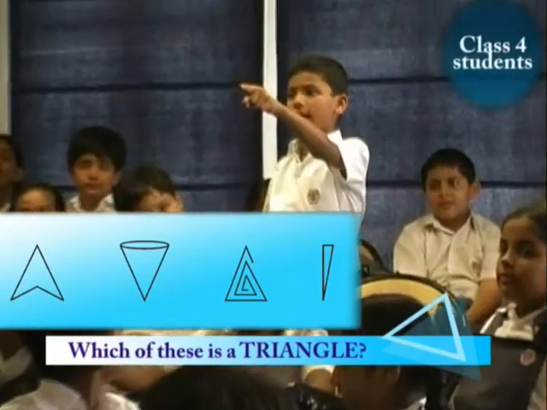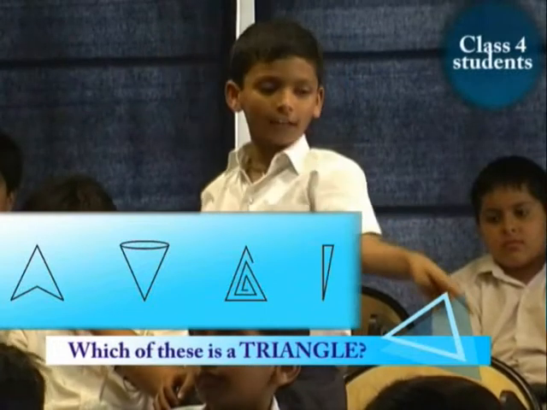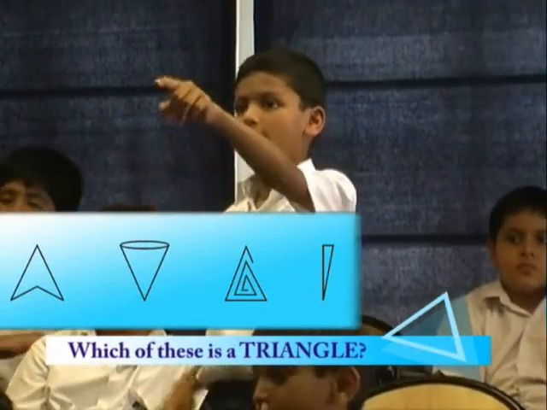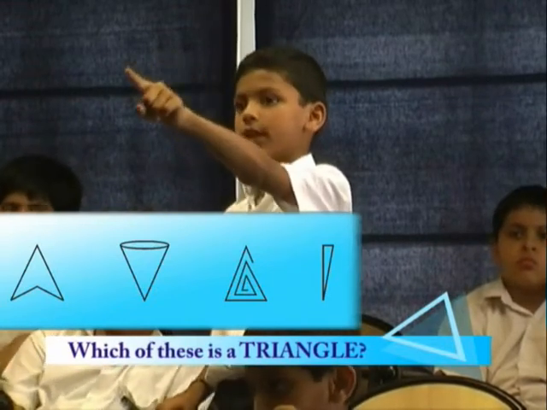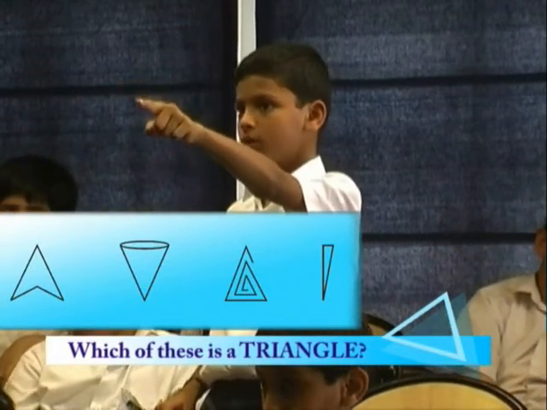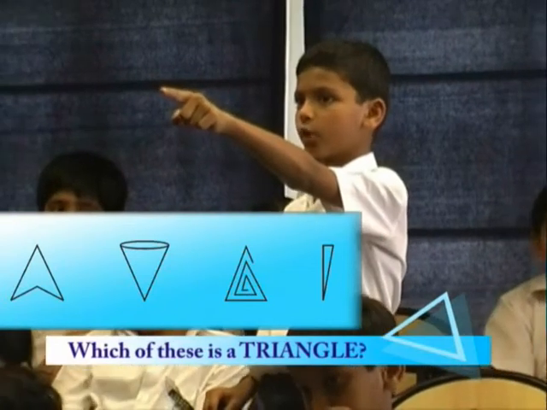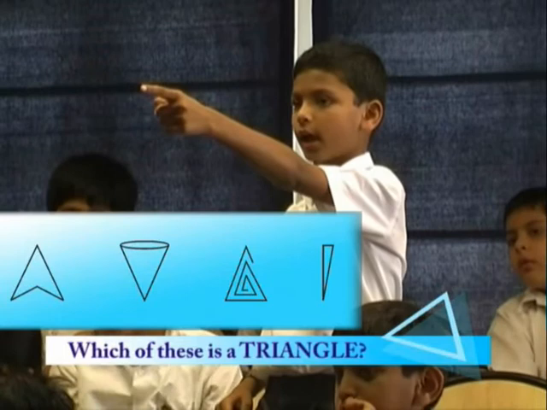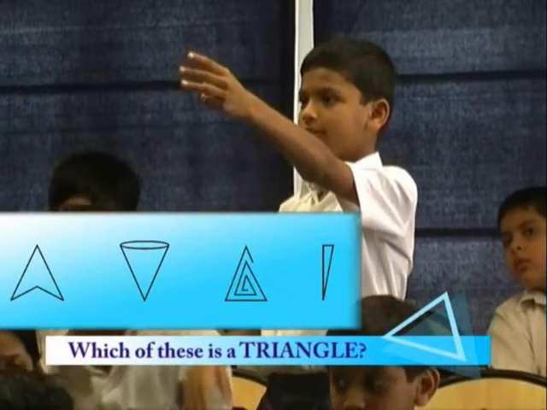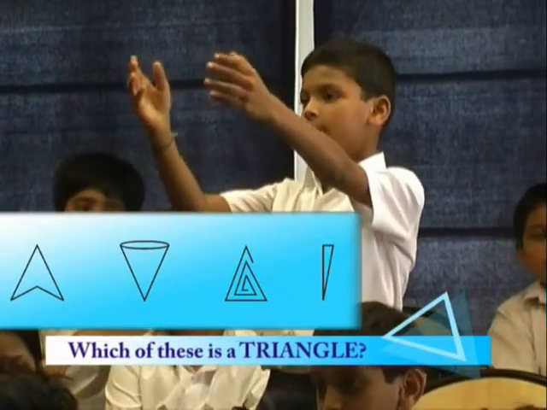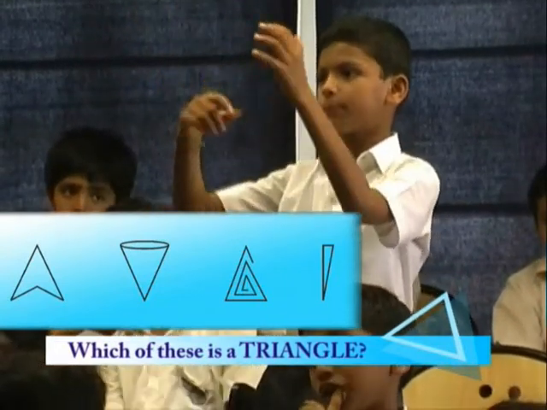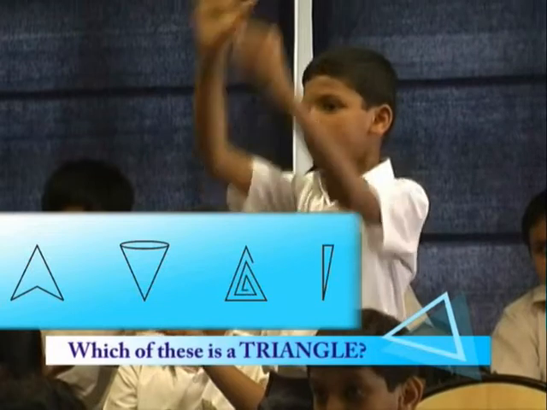A is not a triangle because, as she said, a triangle has 3 corners and A has 4. Then the B one is a cone, and even C is not because C looks like a maze, and D is a triangle because it even has 3 corners, and it doesn't matter how fat it is and what shape, that one corner should be up.